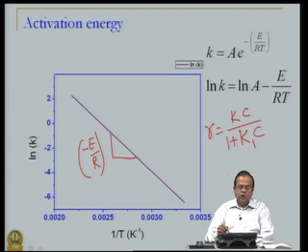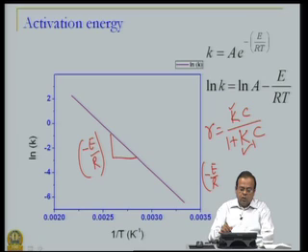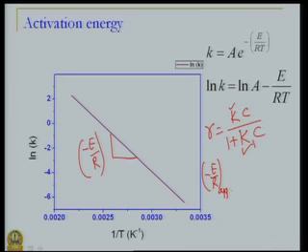So, if we have something like this, then we know K is a function of temperature, and capital K1, or this equilibrium constant, is also a function of temperature. So, there is nothing like a single activation energy, because both of these are functions of temperature, but we can define apparent activation energy, or minus E by R, and what will that be?